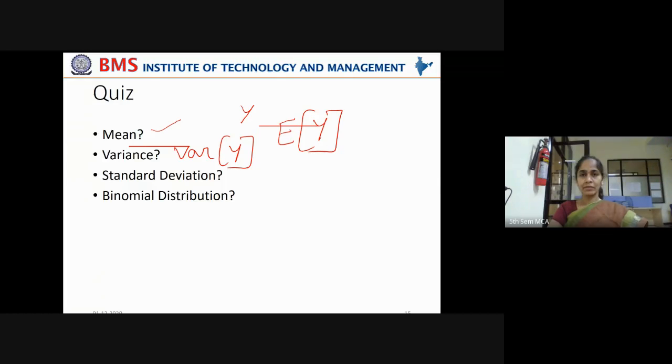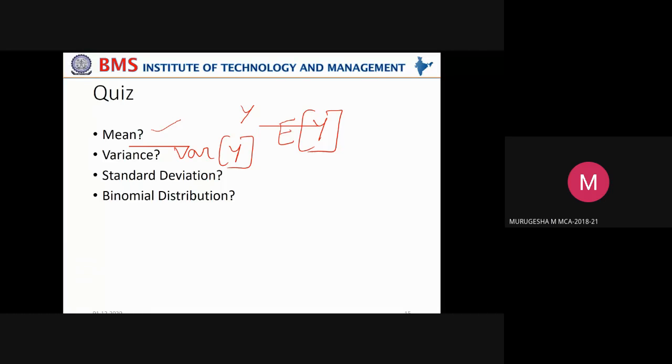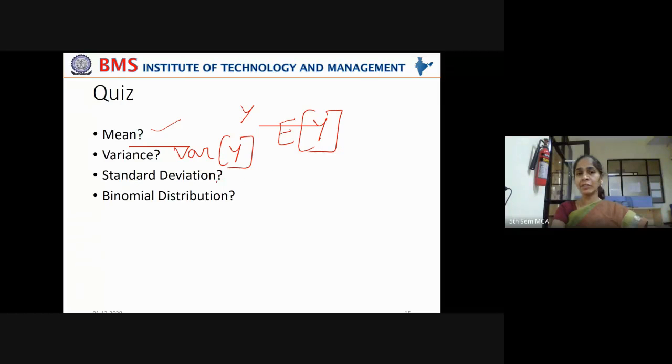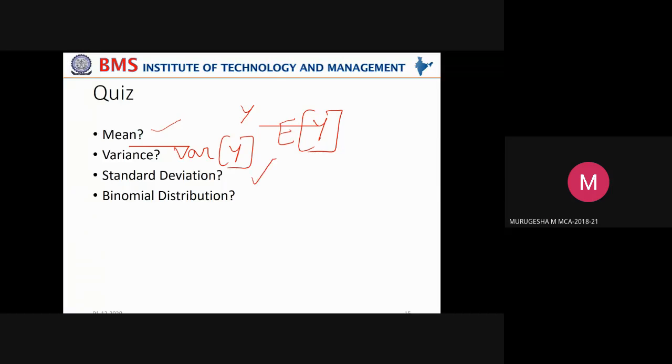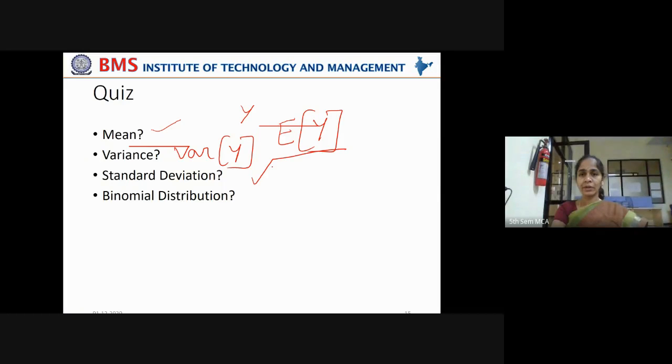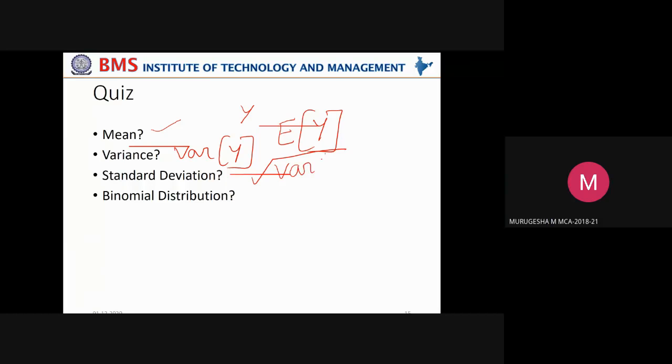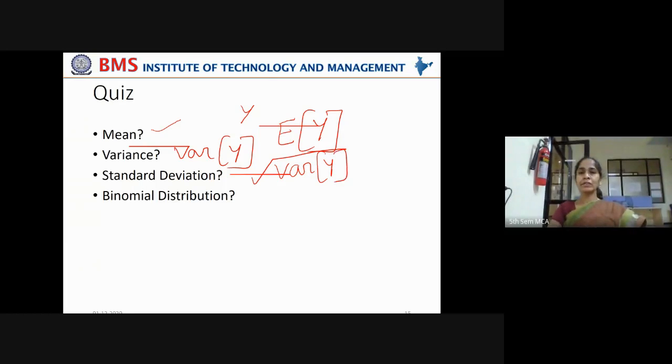How do you find the standard deviation when the variance of y is given? Correct, the square root of variance of y. That will give you the standard deviation.